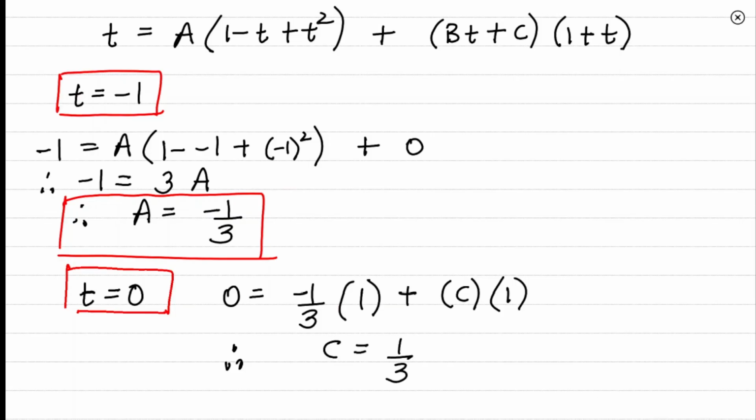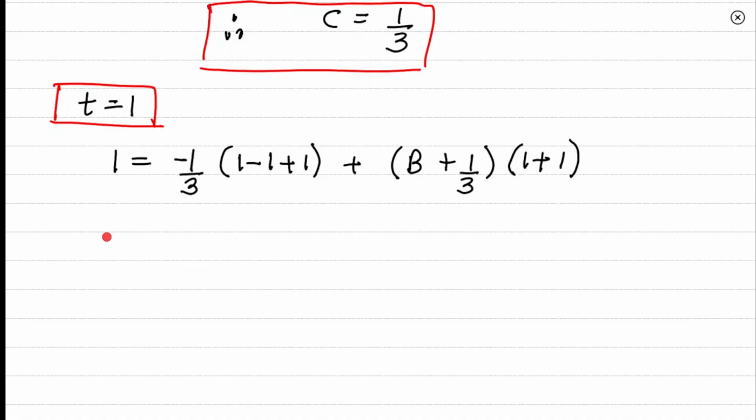How easily we were able to get the values of a and c from here. Now the only value that is left is the value of b. You can substitute any value of t that you want. Let us substitute t is equal to 1 now. So you have 1 is equal to, now 1 minus 1 is 0, 0 plus 1 is 1, and minus 1 by 3 times 1 is minus 1 by 3, plus, and this 1 plus 1 is 2, so you have b plus 1 by 3 times 2.